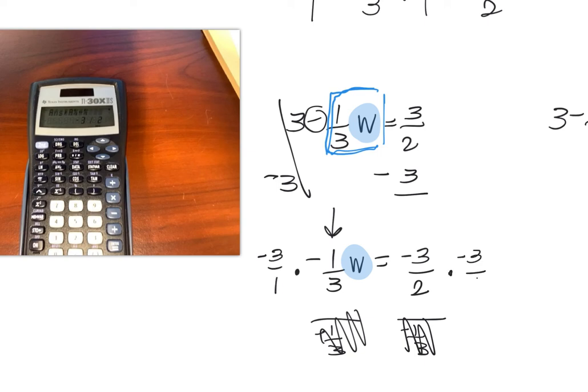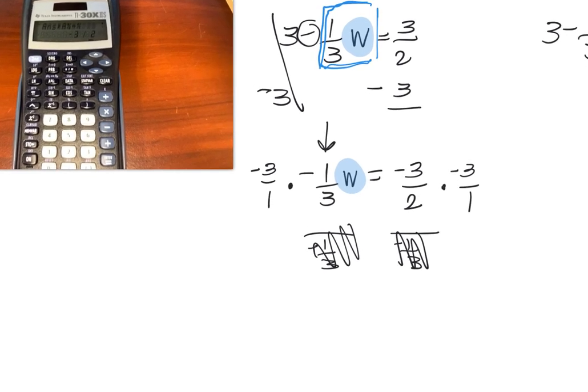And both of those you can do in your calculator. But dividing by a fraction and multiplying by the reciprocal, that's the same thing, okay? So let's just multiply by the reciprocal, and that would be numerator times numerator, so negative 3 times negative 3 is positive 9, and 2 times 1 is 2. So there's one of our answers.